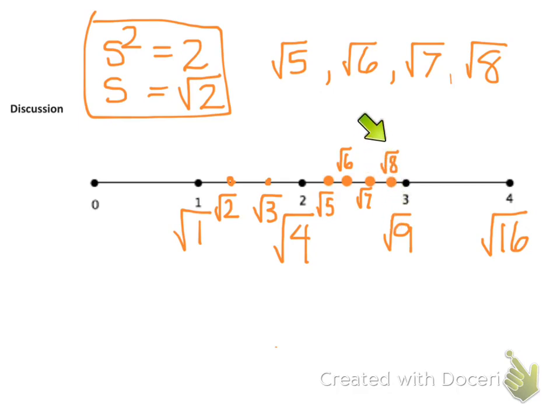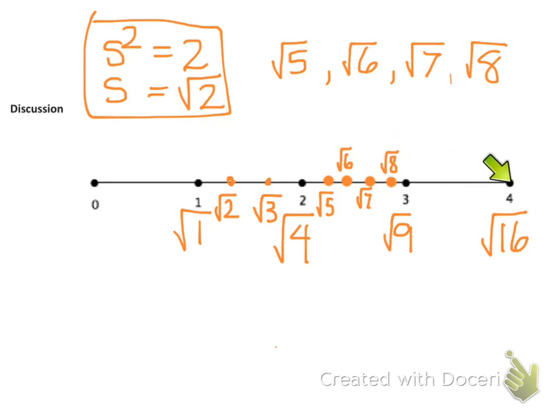And this is kind of what we did in the first lesson, where we were estimating square roots by finding the nearest perfect square. So if we wanted to know square root of 8, we would say that it was between the square root of 9 and the square root of 4. The two perfect squares that are nearest. So what's going to go in between these next two divisions?